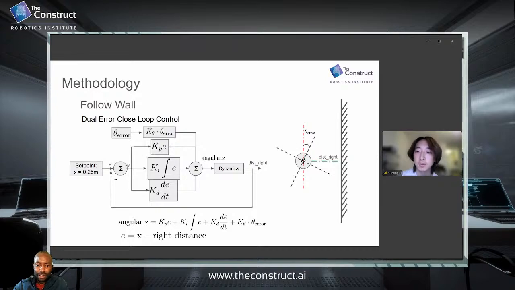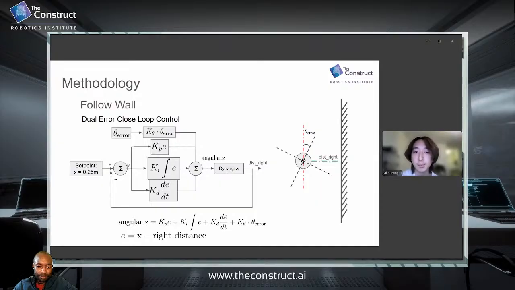Okay, so maintain orientation as well. Yes, correct. So I introduced a proportional term, and the sum of these terms generates the angular velocity of the robot.